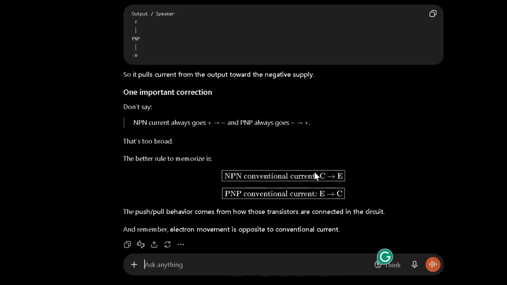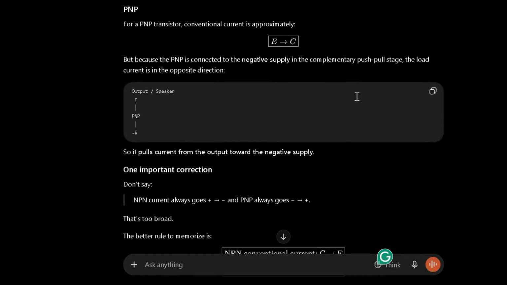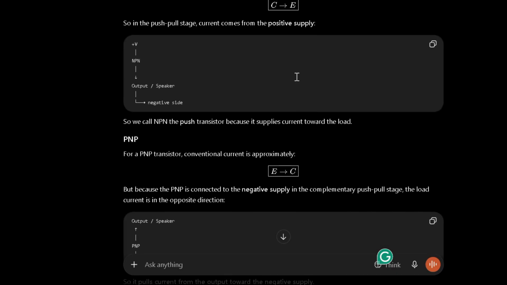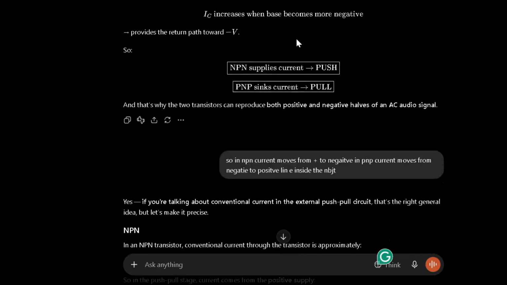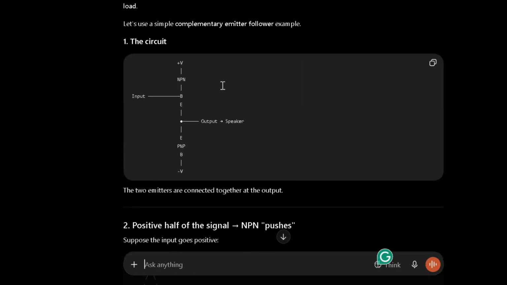In the diagram, this is collector to emitter, but here it is emitter to collector. Because it is connected to the negative voltage, it is flipped toward the output, so the current goes toward the negative output.